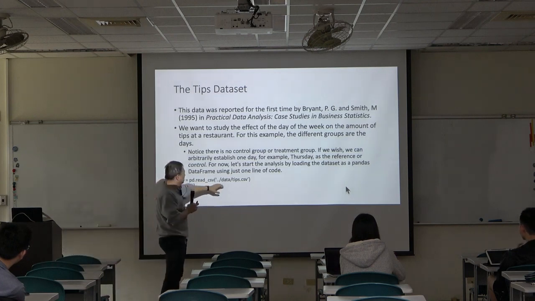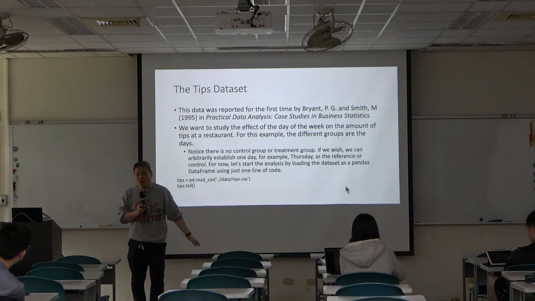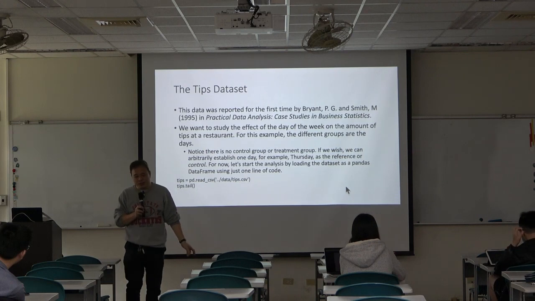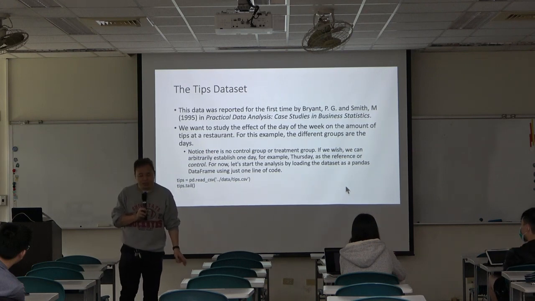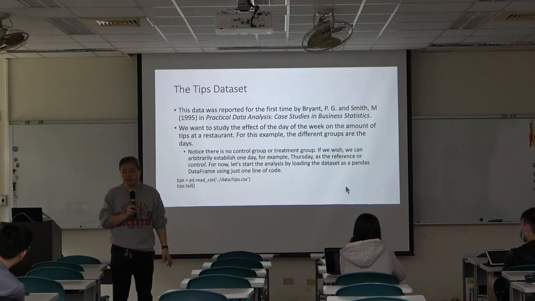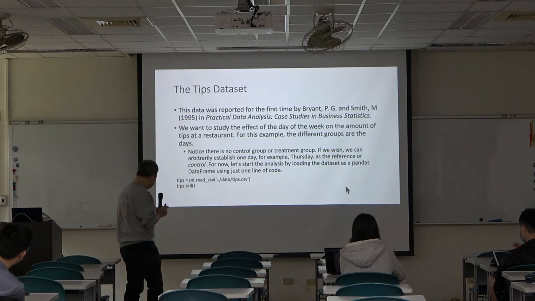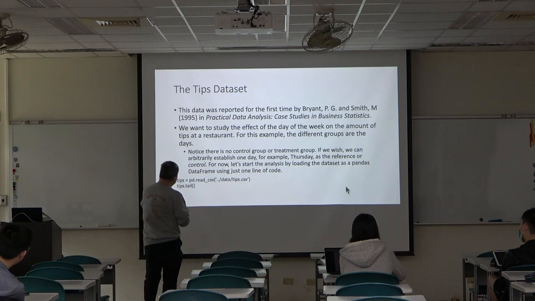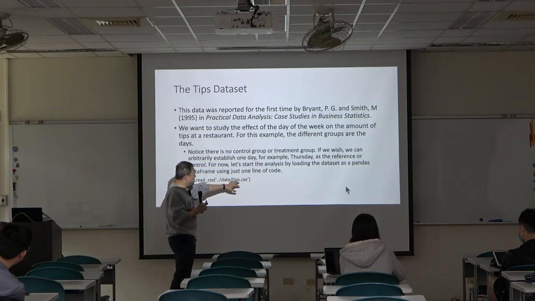I mean, the CSV. Oh, by the way, I told you guys, all the programs as well as the data set of this textbook can be downloaded. You can check out the book, and I think in the preface or somewhere it tells you where to download all the data. So this is the data, tips.csv.